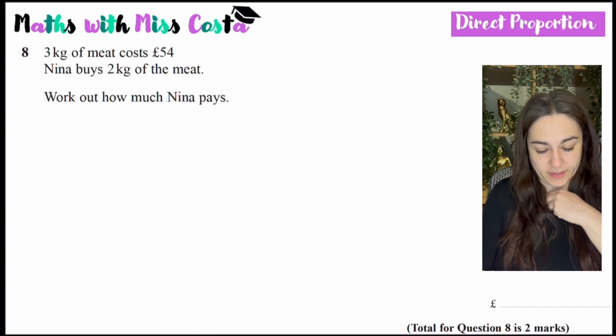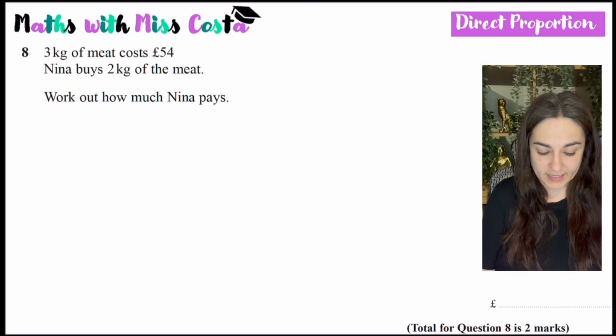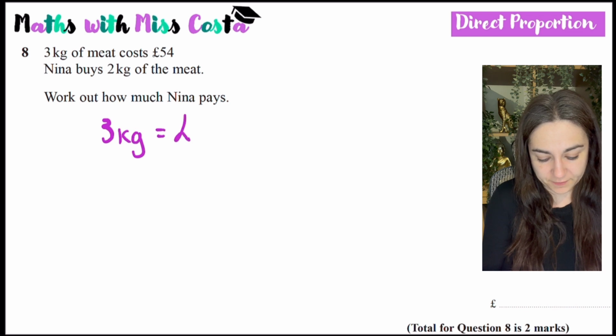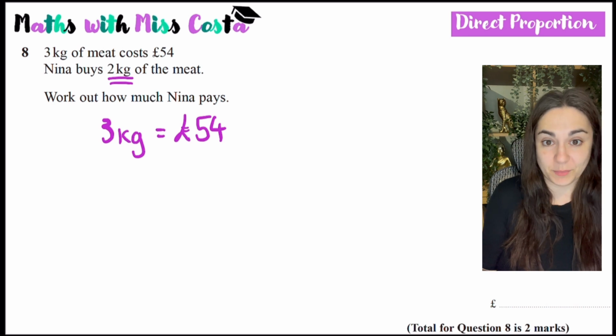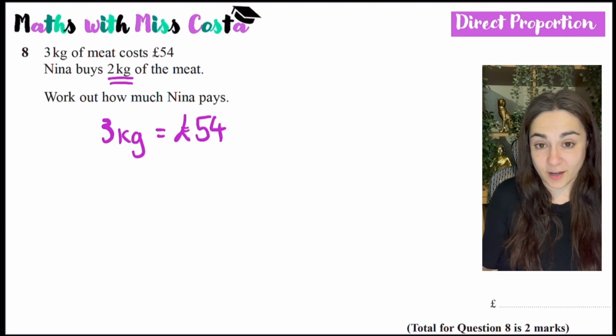Next, I've got a question about direct proportion. So 3 kilograms of meat, I'm told, costs £54. And Nina buys 2 kilograms of the meat, and I need to work out how much she must pay for that. So whenever I've got a question like this, it's helpful to just set it up as an equation.